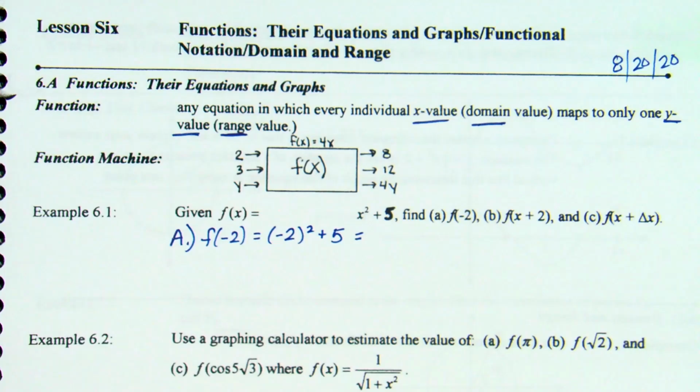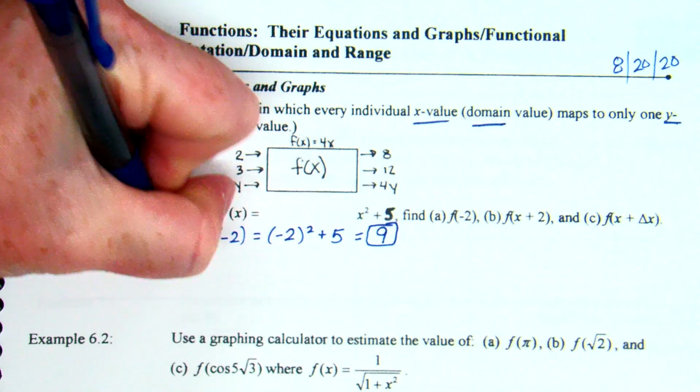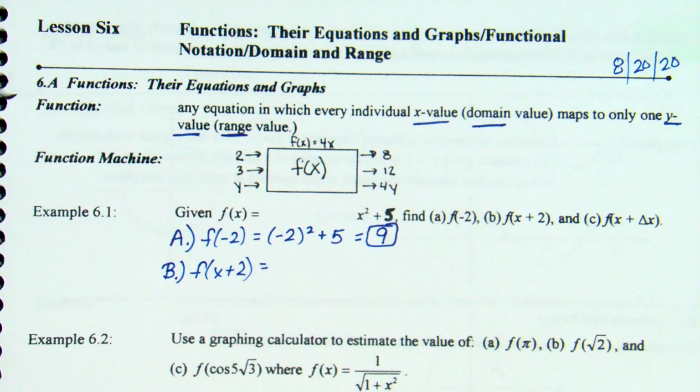So instead of x squared plus 5, I'm going to say negative 2 squared plus 5. Negative 2 squared is 4. 4 plus 5 is 9. I would venture to say you've been doing that since middle school math.